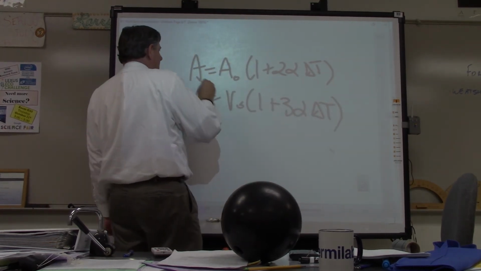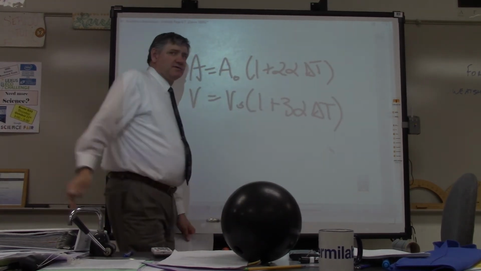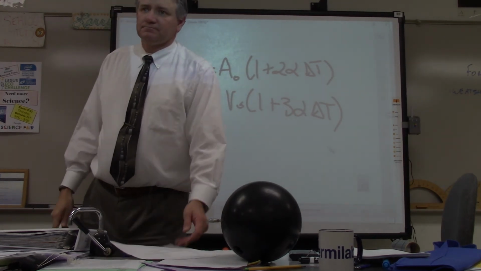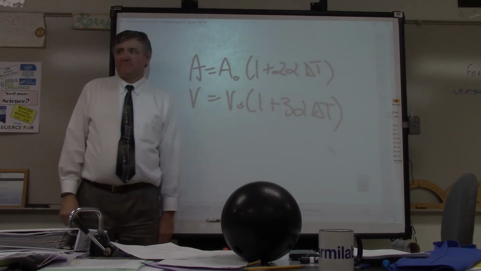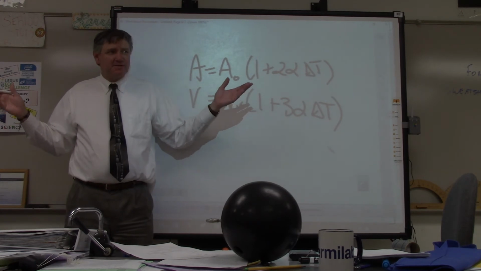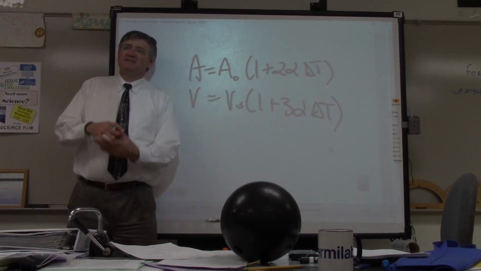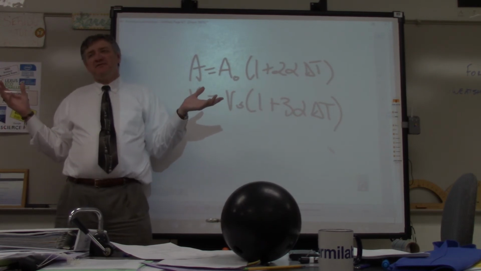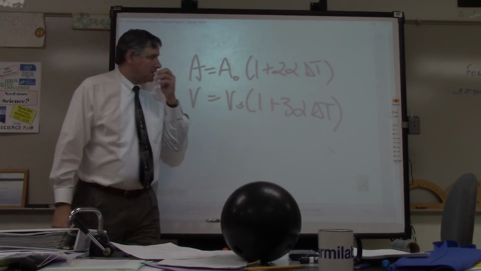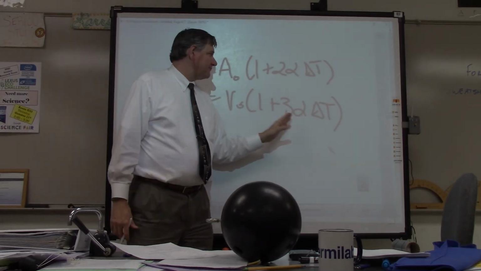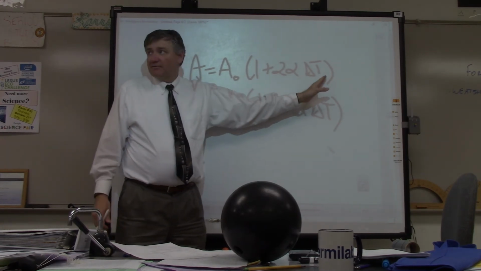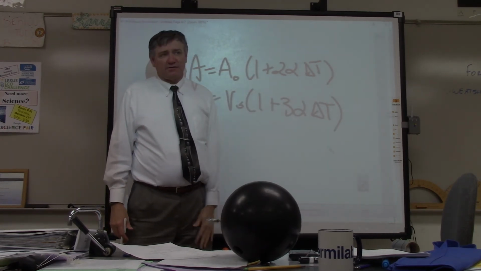Why do you think there's a 2 in area? Because it's going to expand in 2 dimensions. If it's volume, you have 3 because it's going to expand in 3 dimensions. So they all have the exact same format.